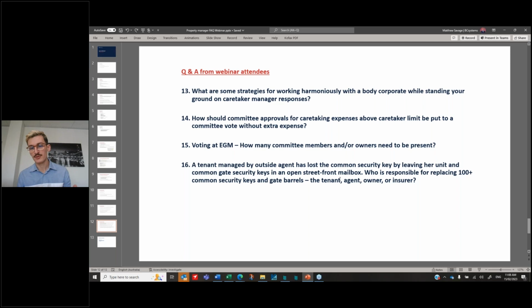And the buildings with 100 residents, 400 keys, and plus all the agents who have keys and all the owners who have keys, they're not a highly secure environment anyway. So I think in this situation, whilst the tenant and agent and owner may all share some responsibility for those costs, it would go back to the body corporate to decide, is the exercise of replacing everybody's key worth it?